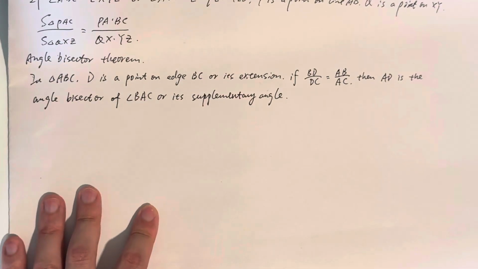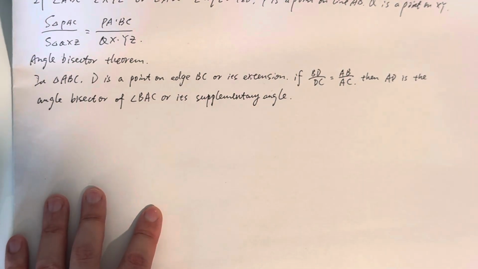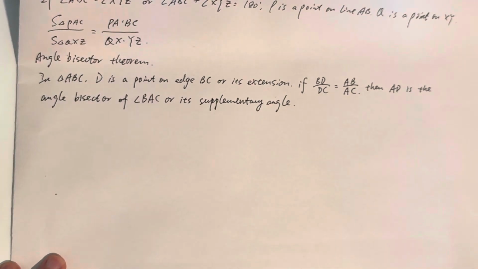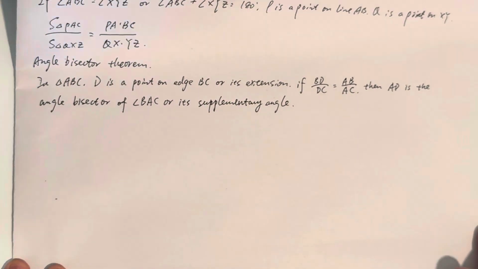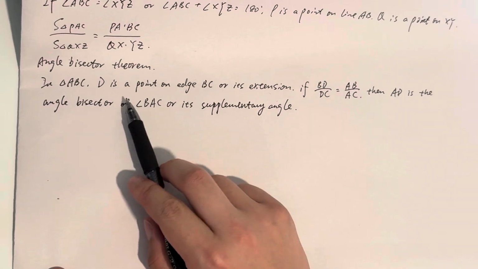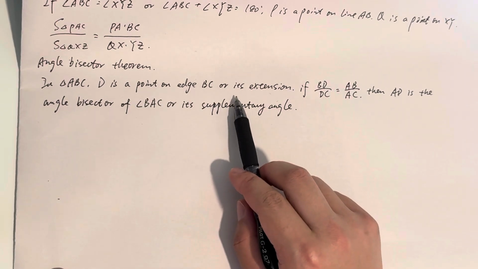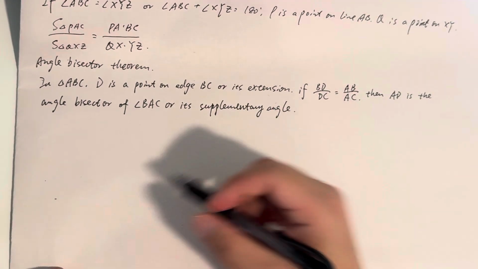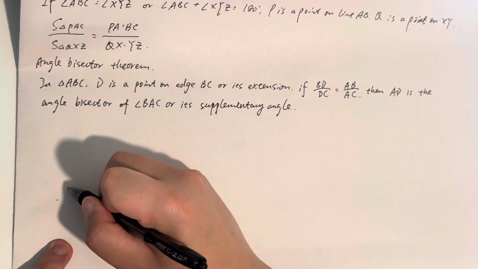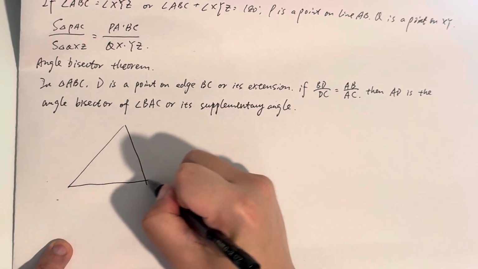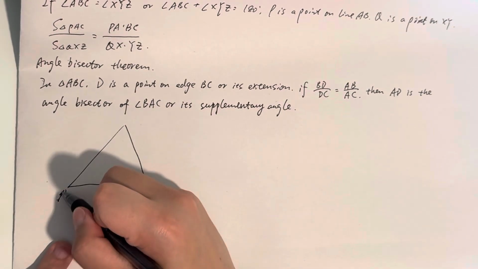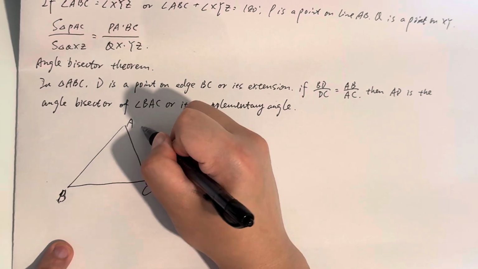Okay, finally, let's do some more advanced improvement here. In triangle ABC, D is a point on edge BC, or its extension, right? So this is triangle ABC.